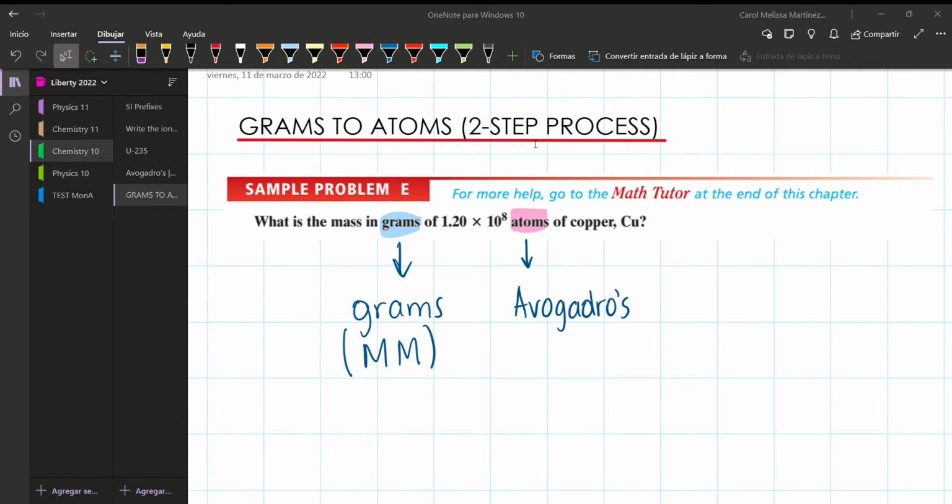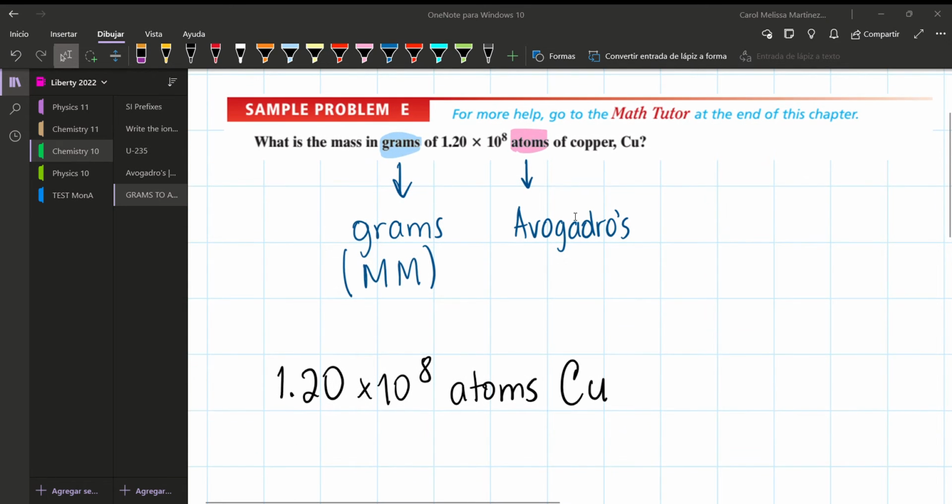So take a look. We're going to begin with the given. The given is 1.2 times 10 to the 8 power atoms of copper, Cu. So what do we need to do?